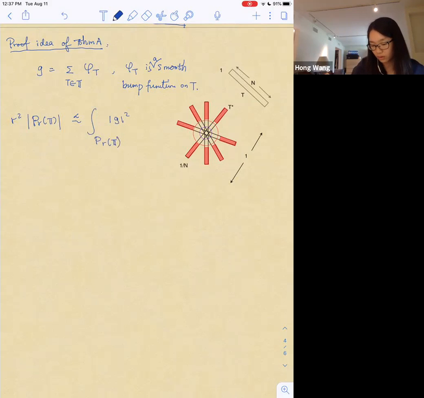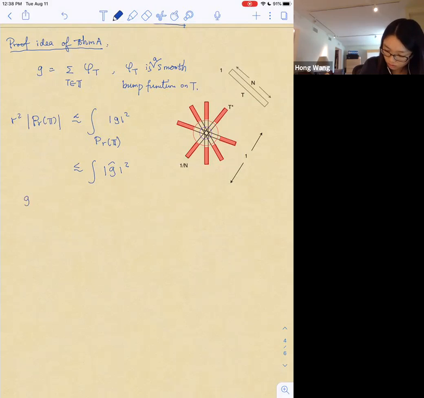We will use this notation to denote the union of the unit balls in P_R(T). And then by Plancherel, this is bounded by the L2 norm of the Fourier transform of G. So our next step is to study the Fourier transform of G.